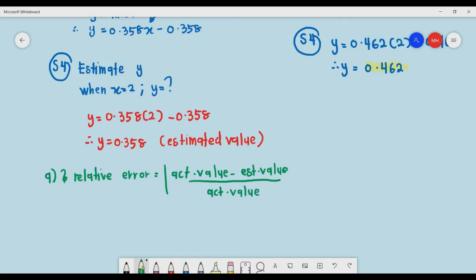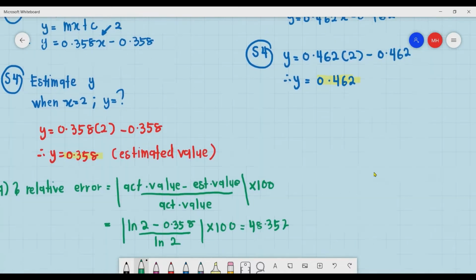You take the absolute value, because error cannot be negative, then multiply by 100. So the actual value is ln 2, minus the estimated value that you obtain from the interpolated function, which is 0.358, over ln 2, multiply 100. So you will get 48.35%. So this is for A.